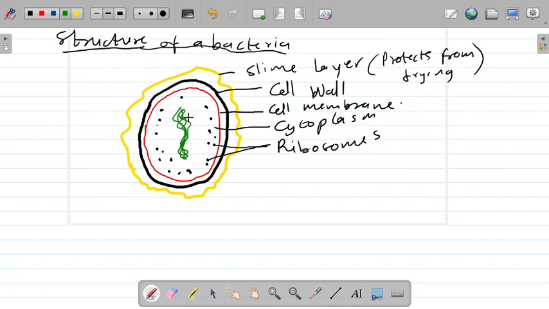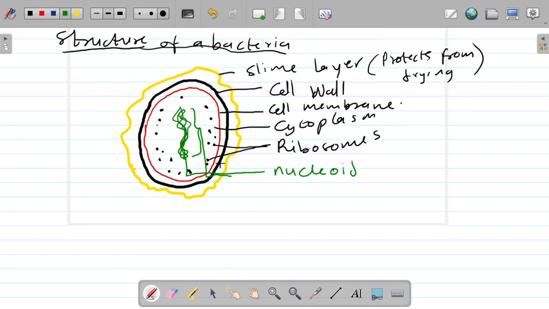Now, in the center of it all, in the center of all of this, it will have a place called the nucleoid. The nucleoid is this whole place over here. Now the nucleoid, remember in a virus, we have the nucleic acid core because there's no nucleus. Still in bacteria, there's no nucleus.